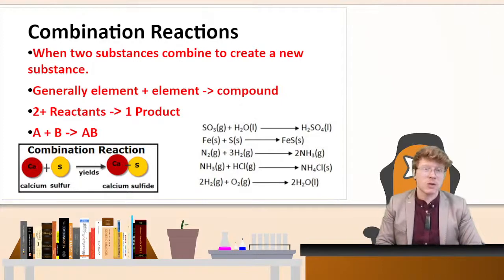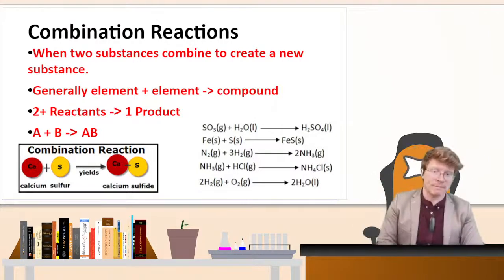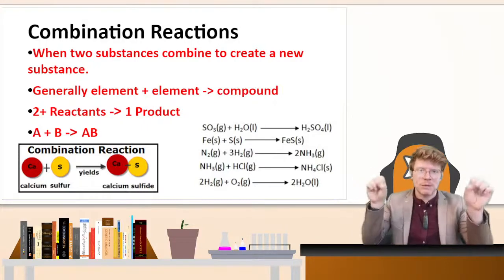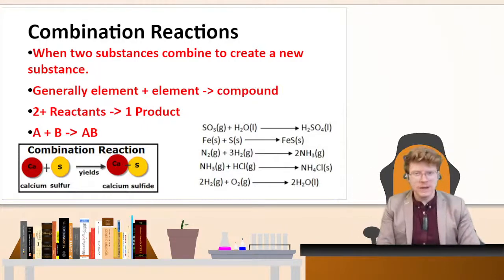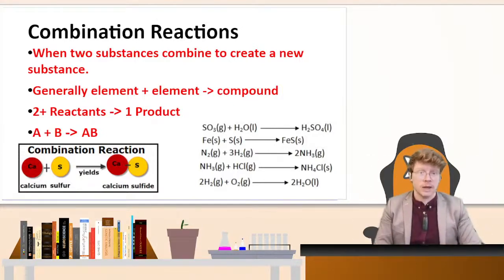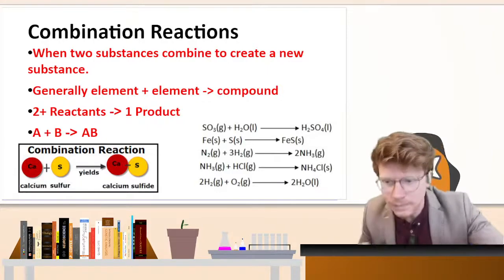At this level, we're only going to show you 2 things forming 1 thing, right? Generally, it's going to be like 2 elements joining together. The classic representation of this is A plus B equals AB, right? We've got a whole bunch of examples there for you to have a look at, right? If it's 2 things forming 1 thing, and that's the only thing that happens, it's a combination reaction, okay?